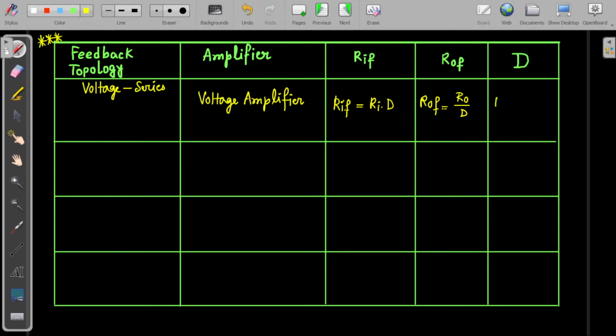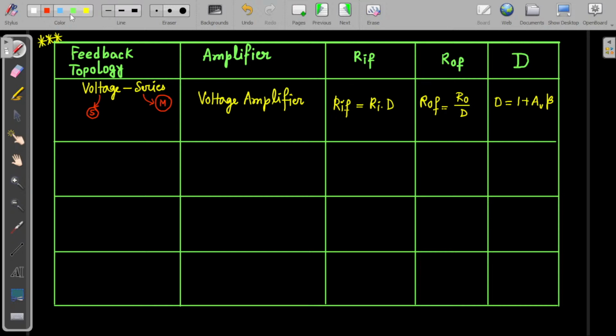D was the desensitivity factor, that is 1 plus A beta, and here since we are using the voltage amplifier, it will be the voltage gain AV into beta. What is AV? AV is the voltage gain of the basic amplifier, beta is the gain of the feedback path. Another important thing, this voltage denotes the sampler, this series denotes the mixer.